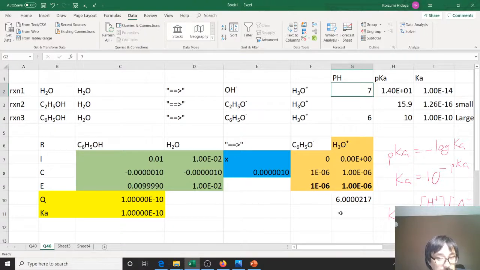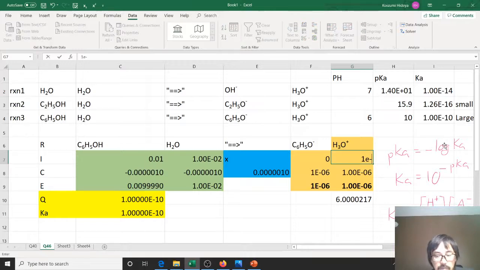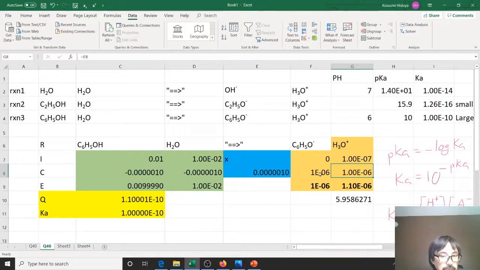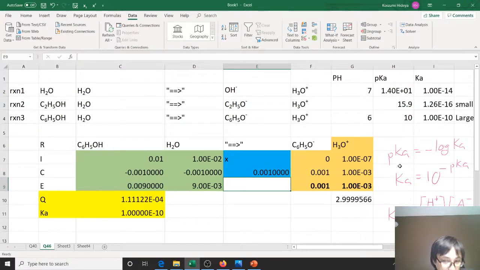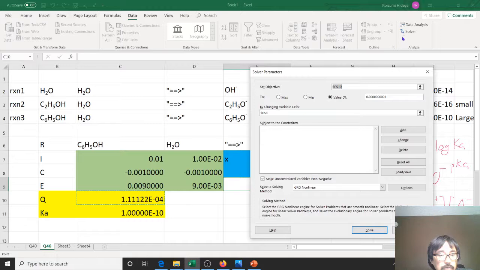But that's pretty much how you calculate the pH using Excel. Now, for the sake of argument, I'm just going to do the 10 to the negative 7, right? And then I'm just going to do these things with 0.001 again, right? And then I do these things to be 1e negative 10, right? And then product over reactant, that's fine.